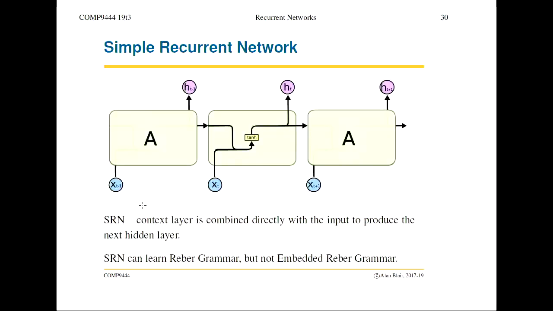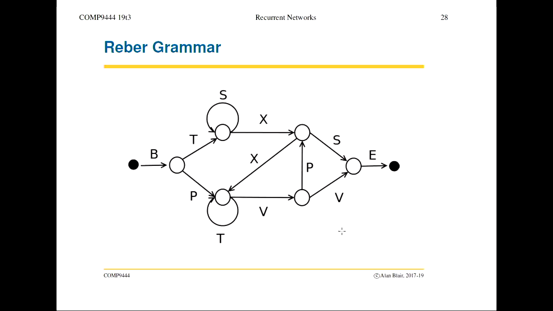I haven't drawn the explicit architecture, but it's basically the same. You can try to train a simple recurrent network on this. You need 7 outputs because there are 7 letters, and normally we have a softmax at the output layer, and the input layer also has 7 inputs, which tells you the most recent letter.